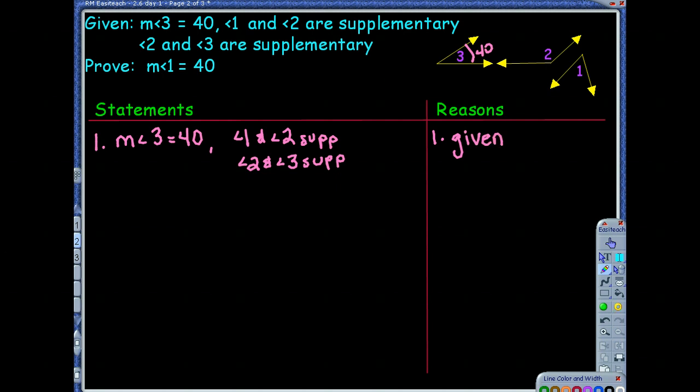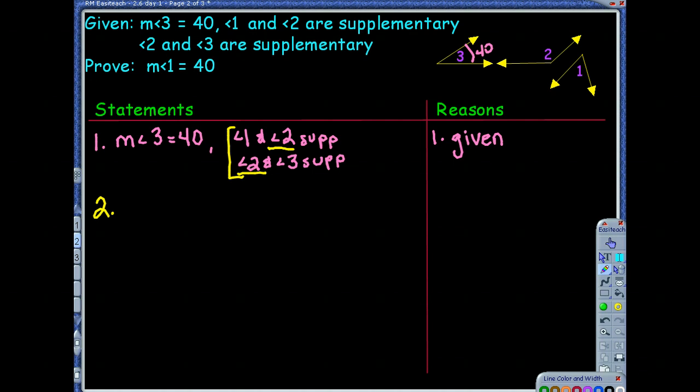Anytime I'm given 2 sets of supplementary angles, I'm going to be thinking maybe the congruent supplements theorem. Now, I notice in those 2 sets that there is the same angle, angle 2. So if 2 angles are supplementary to the same angle, can I say that they're supplementary to each other?